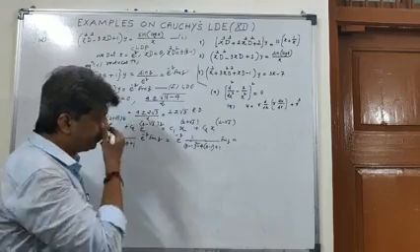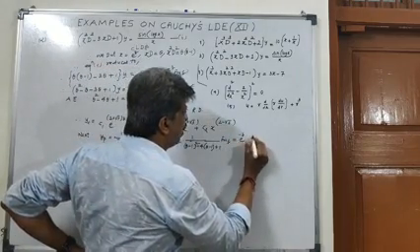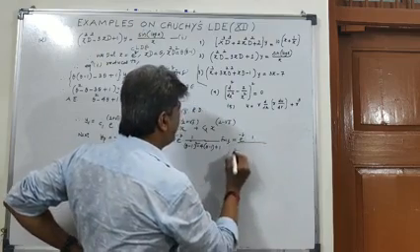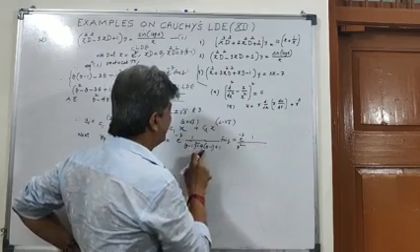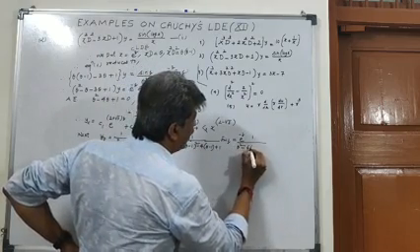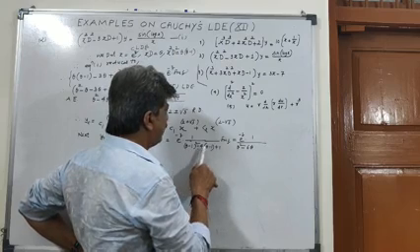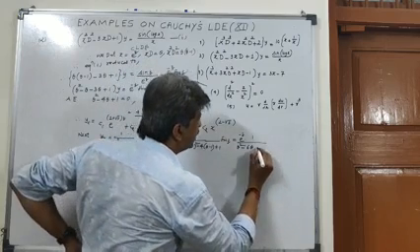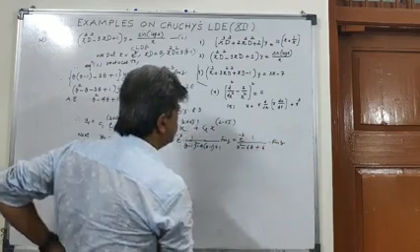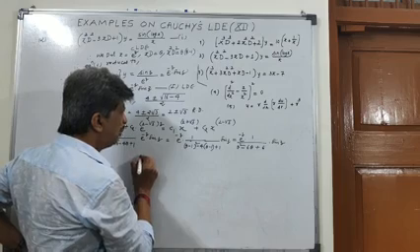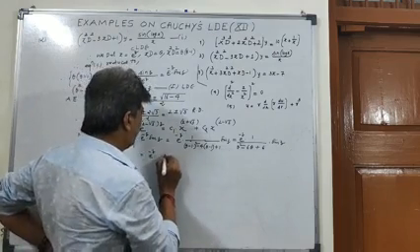That is further equal to e raised to power minus z into 1 upon theta square minus 2 theta plus 1 minus 4 theta plus 4 plus 1. So it is 6 minus 6 theta, operating on sin z.